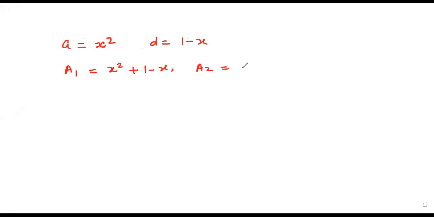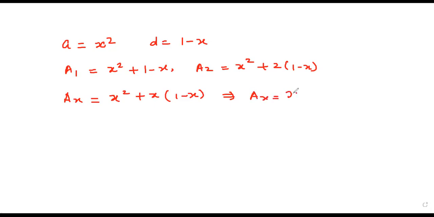A2 will be x squared + 2(1 - x), and Ax will be equal to x squared + x(1 - x). It will give x squared + x - x squared. So x squared will cancel out and we will get x. So let's consider the next question.